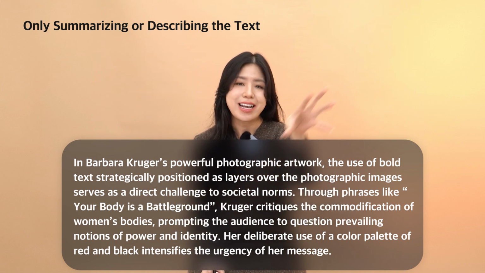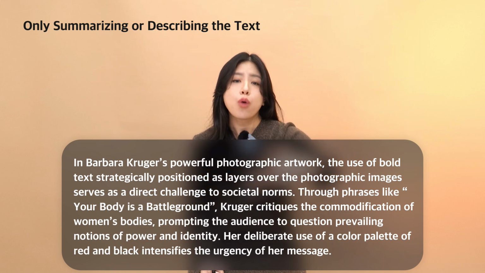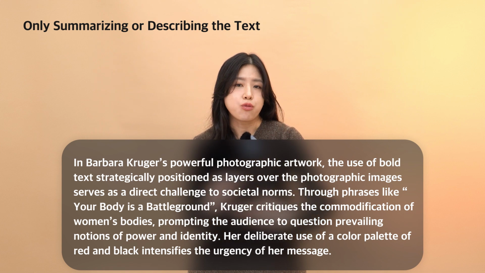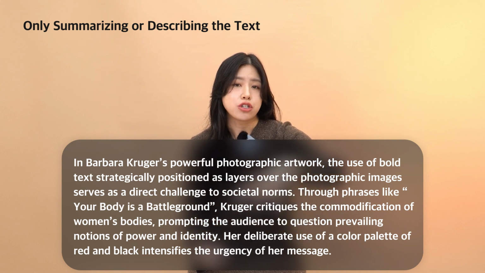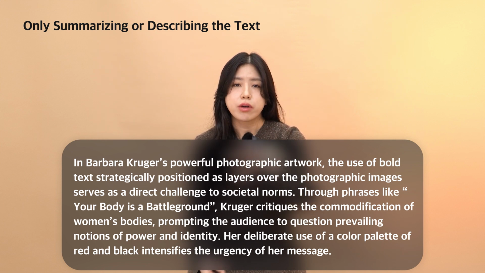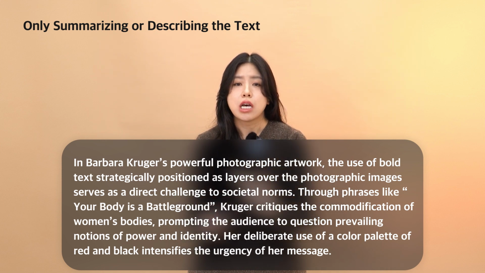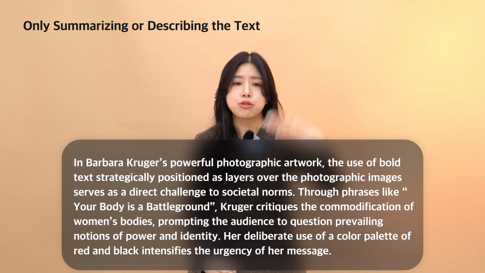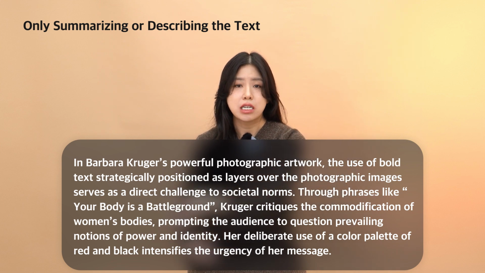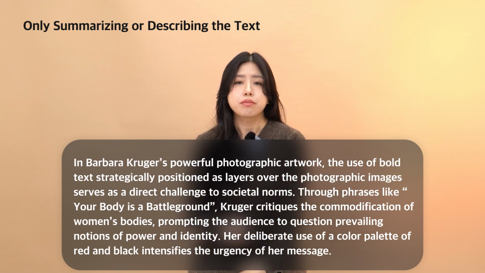And so this has the impact of making the audience question who has power in society and what is the identity of women. So again, a deeper message, bigger themes, right? How about color? Red and black. Red and black would symbolize urgency and maybe, again, a power structure. So all these things put together would give you a deeper analysis than simply telling me this text is what I see in the photograph, all right?